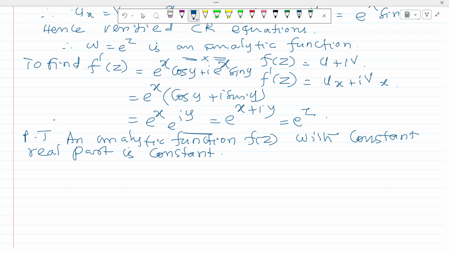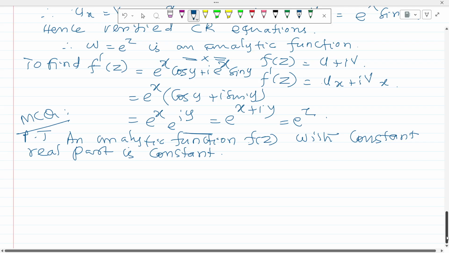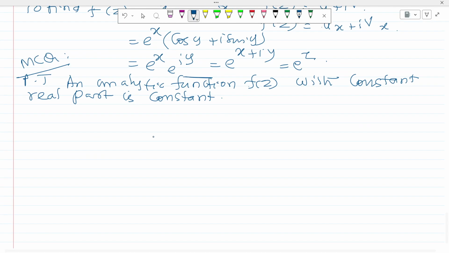Actually, it is that MCQ problem, or sometimes it may come as a state and prove question like that. Prove that an analytic function f of z with constant real part is constant. Okay. Write the proof for this.